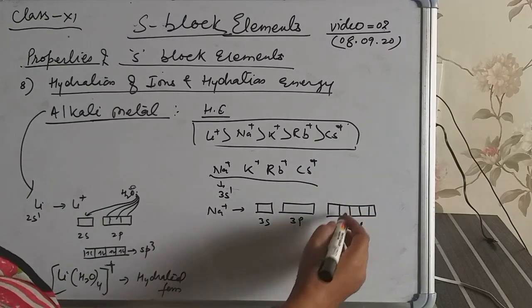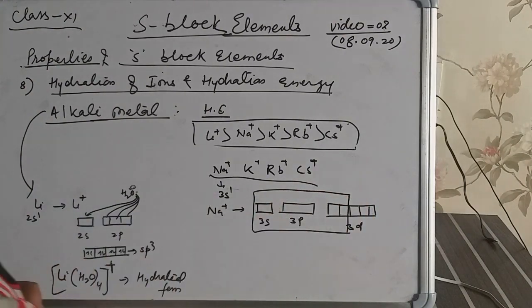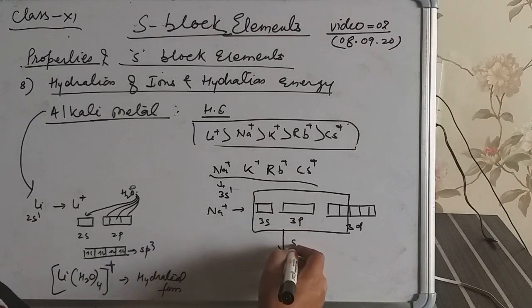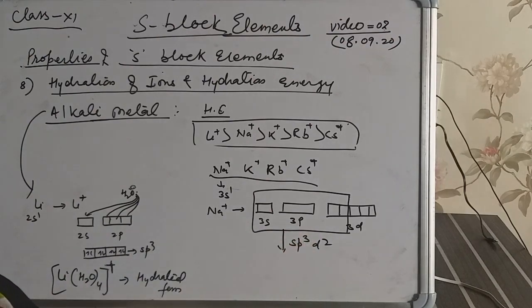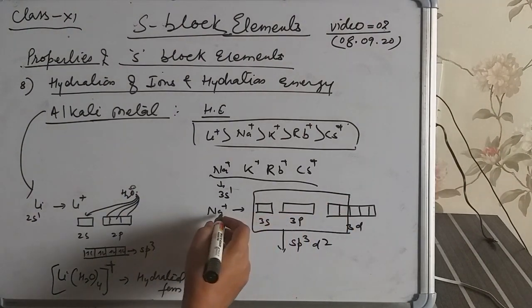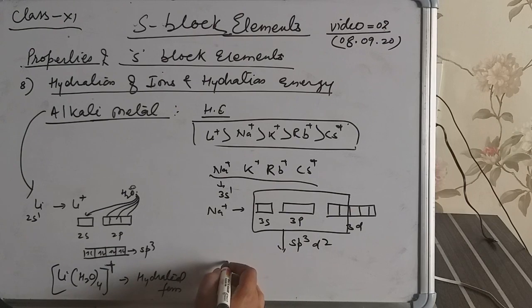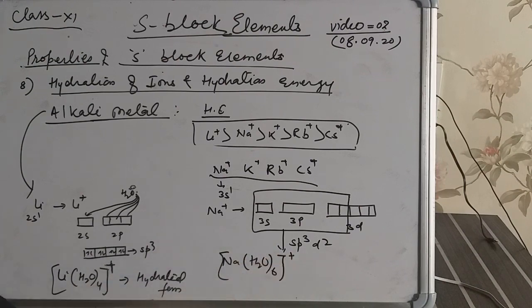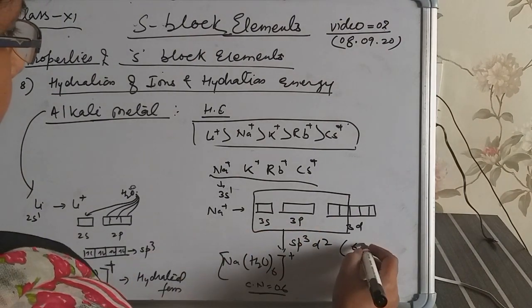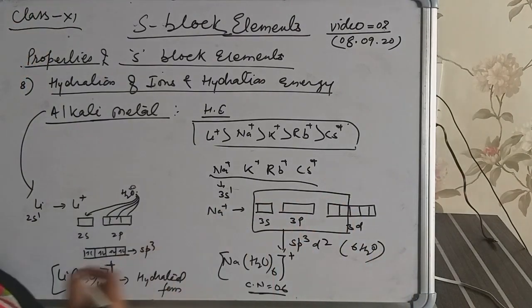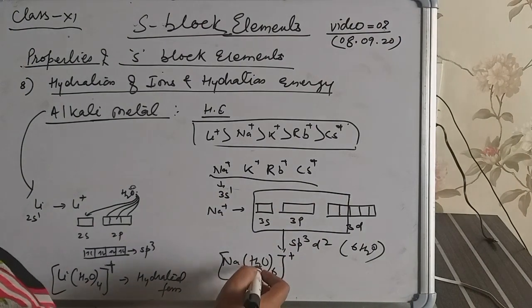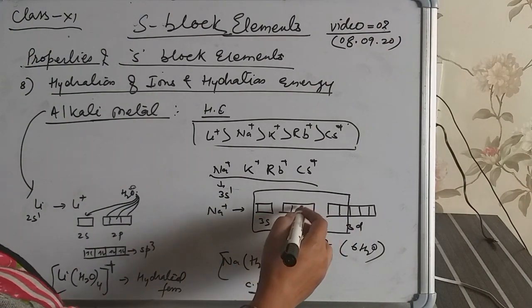By taking 6 orbitals, it forms sp3d2 hybridization. Six water molecules form coordinate bonds with the sodium ion, so the coordination number becomes 6, meaning only 6 water molecules can bond with sodium through these empty orbitals.